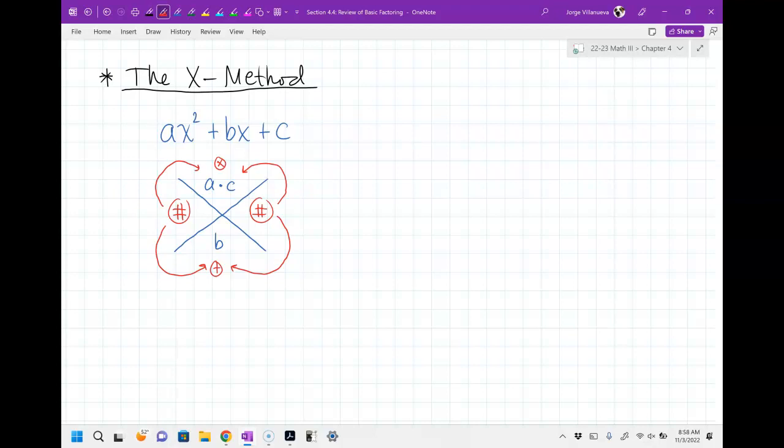You're going to get your a times c on top, your b on the bottom, then you're going to ask yourself, what two numbers multiply to the top and add to the bottom? Okay, and I'll show you that right now. In certain situations, if you have an a term that's not a 1, so if a is not equal to 1, then you must divide the numbers by a.